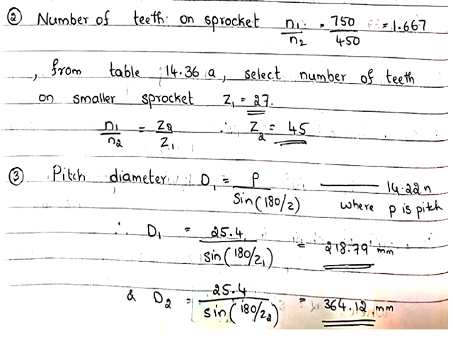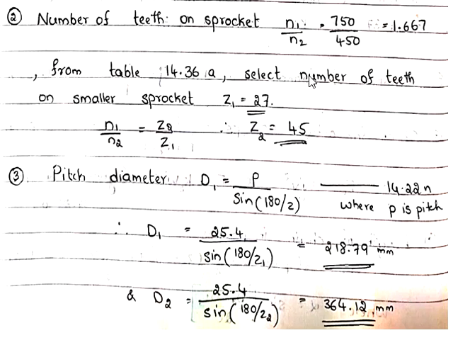Step number 2. Calculate number of teeth on sprocket using equation from table number 14.36a. For this I need velocity ratio or speed ratio. So find out speed ratio first. You will get speed ratio as 1.667. Then refer table number 14.36a.